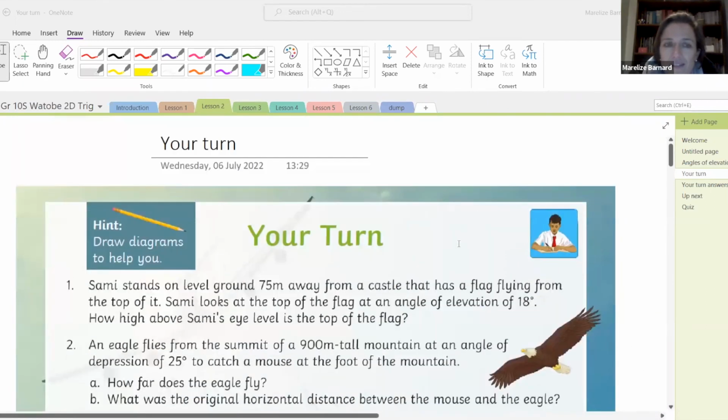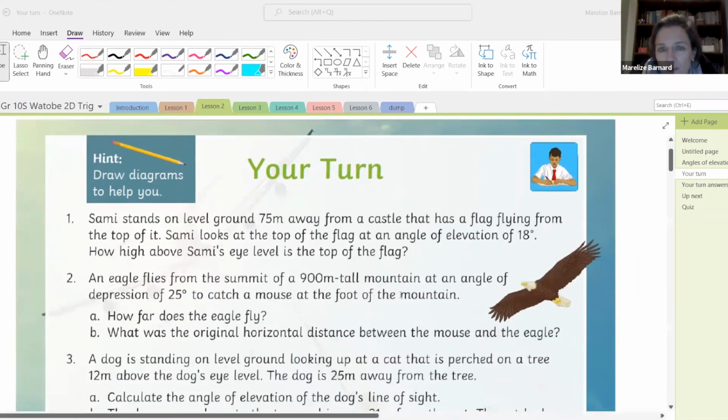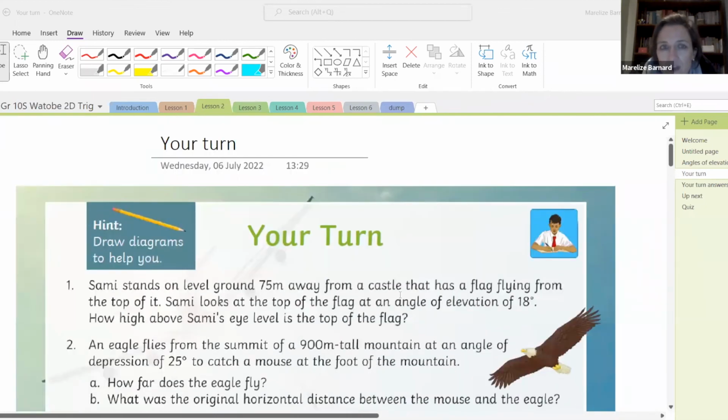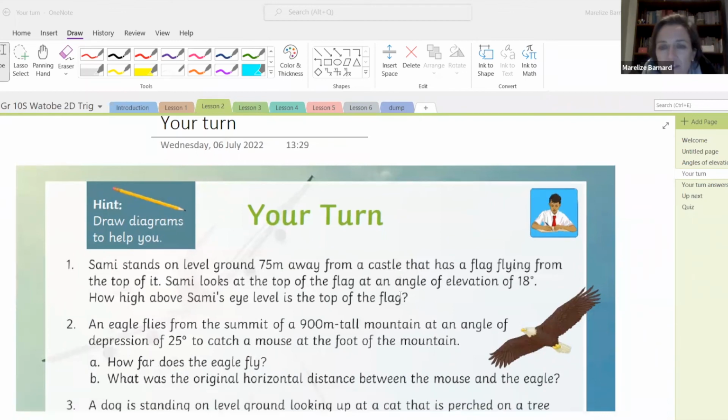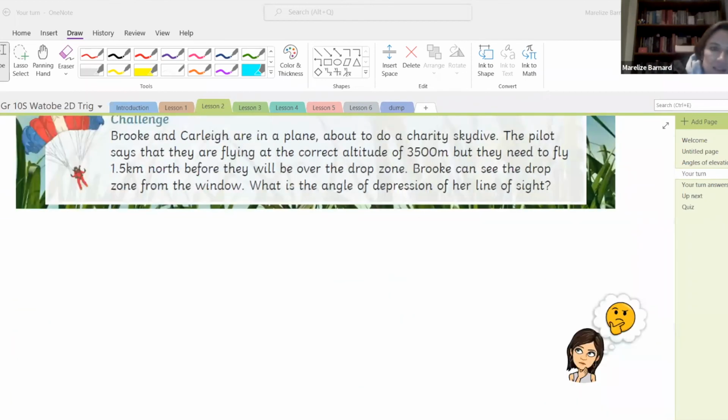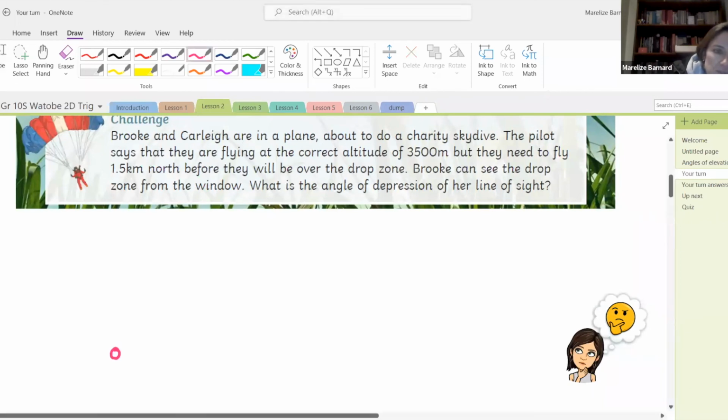Okay, so let's see how your diagram's looking. So first of all, let's start with Sammy. She stands on level ground, 75 meters away from a castle that has a flag flying from the top of it. Sammy looks at the top of the flag at an angle of elevation of 18 degrees. So here's Sammy. You can start with that.